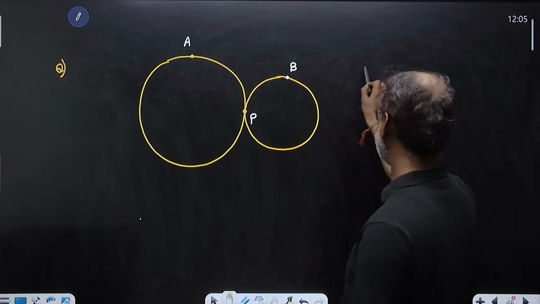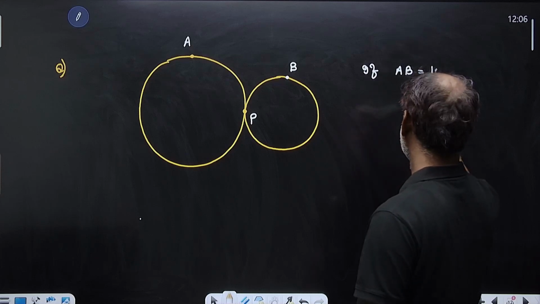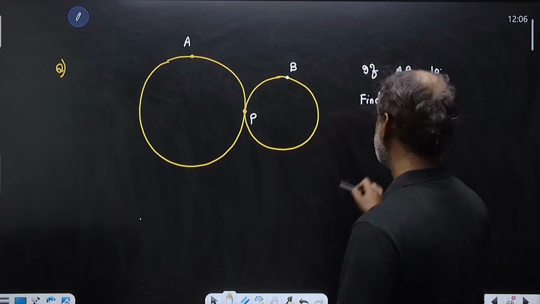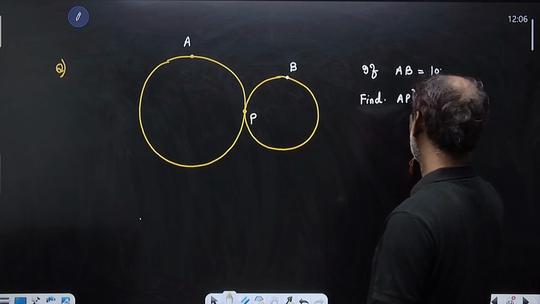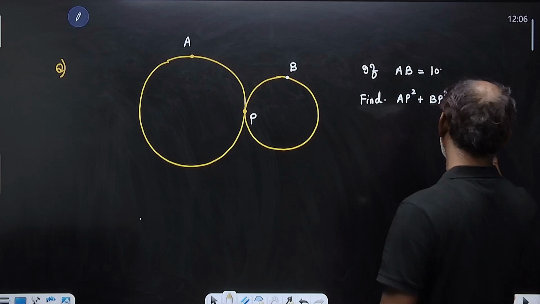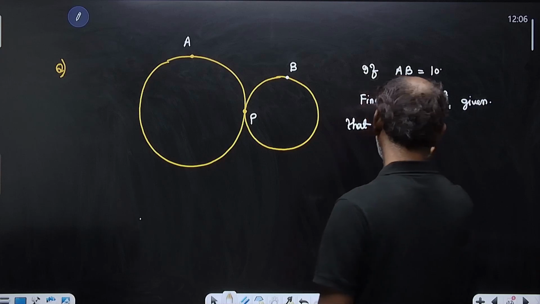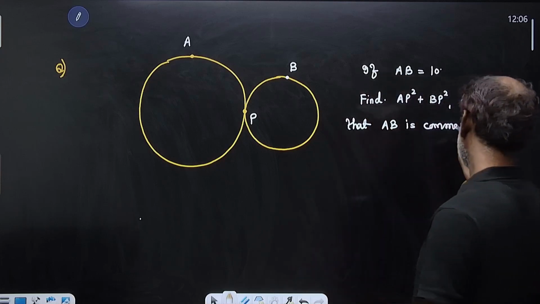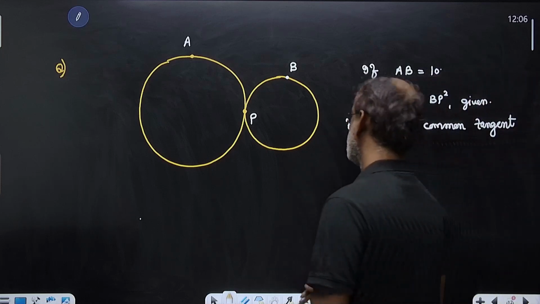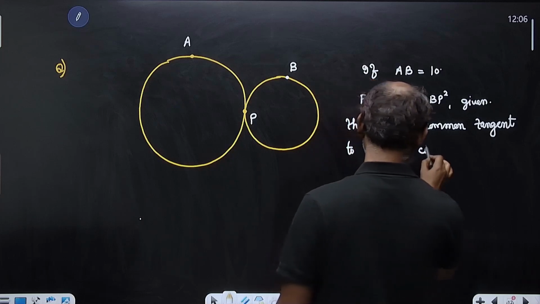Okay. So, if AB is 10, find AP square plus BP square, given that AB is common tangent to the two circles.